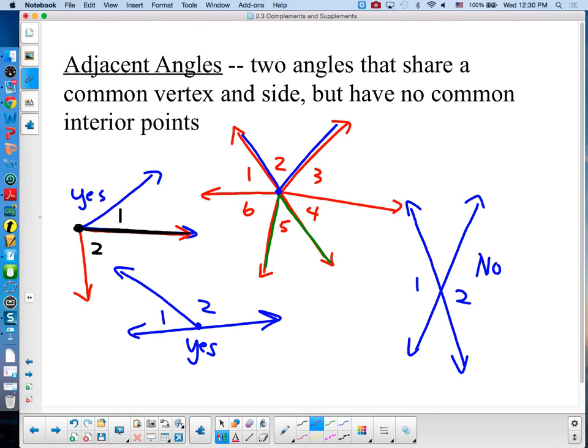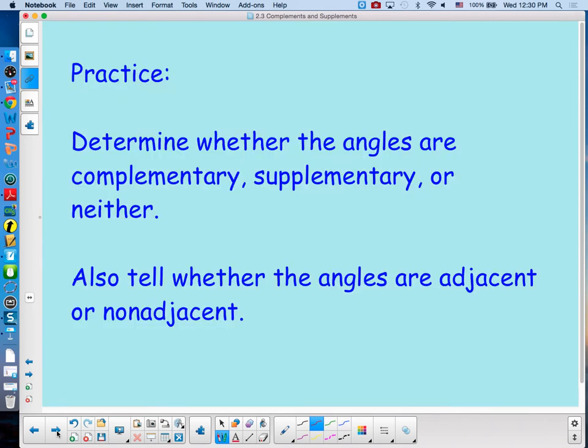Okay, so let's do a check of understanding. I'm going to put some angles on the board. Determine whether the angles are complementary, supplementary, or neither, and then tell whether the angles are adjacent or non-adjacent. Can you see that very well? Good enough? A different color would have worked better, probably.